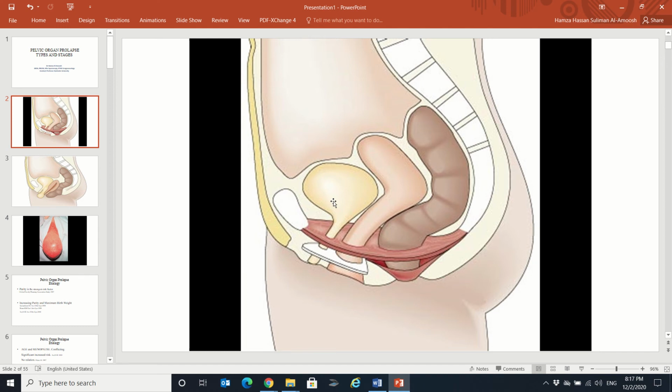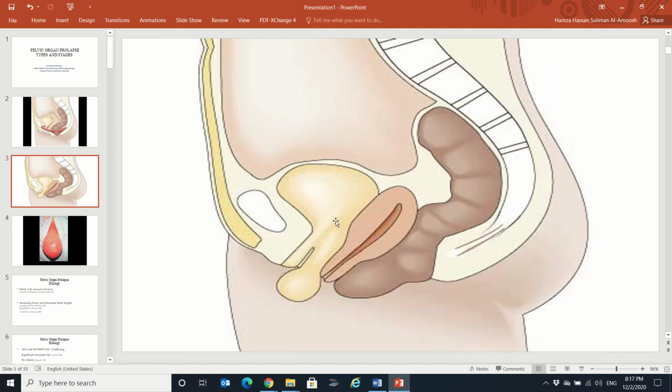Now, according to what we've said, if we look at this picture, we can see that, for example, the uterus has fallen down. This is the cervix, reaching the introitus or the hymen ring. So we have stage 2 or second degree uterine prolapse.